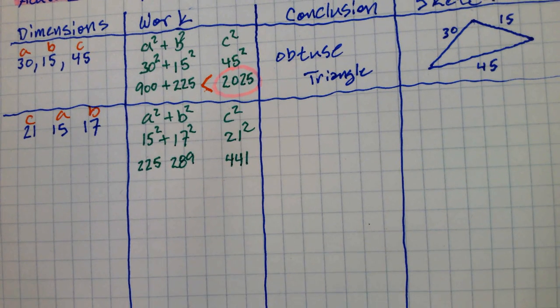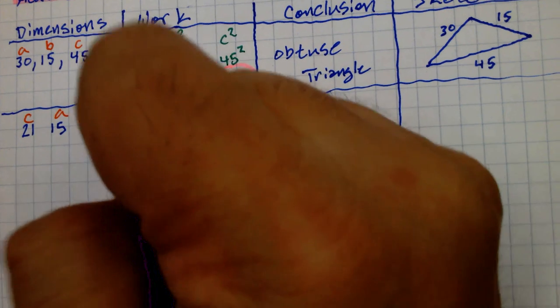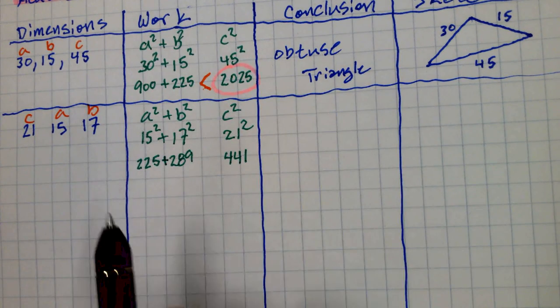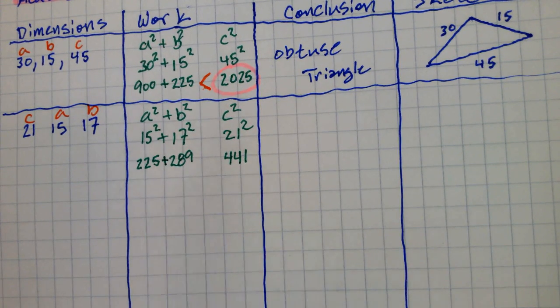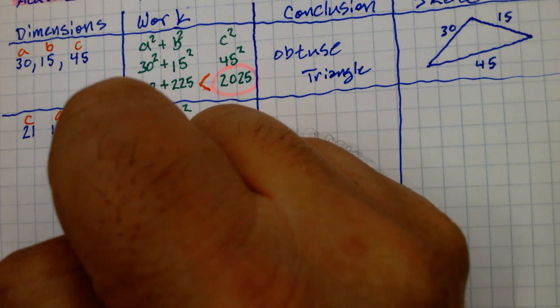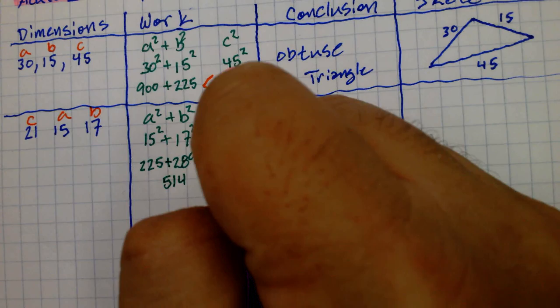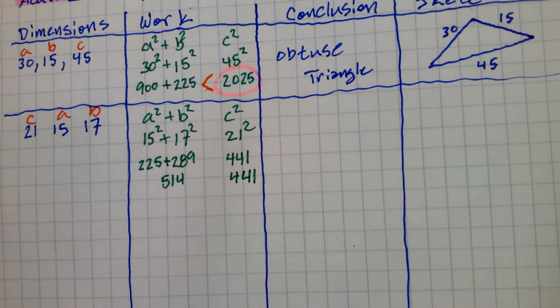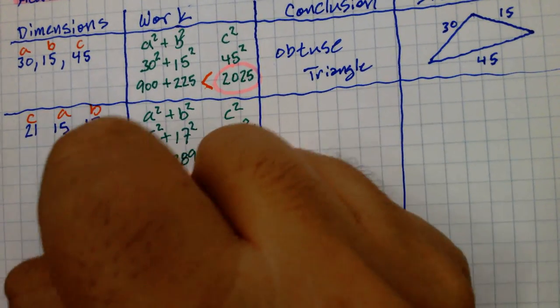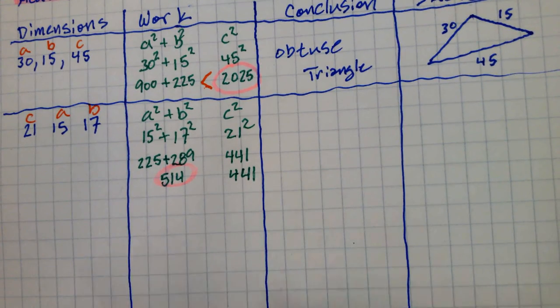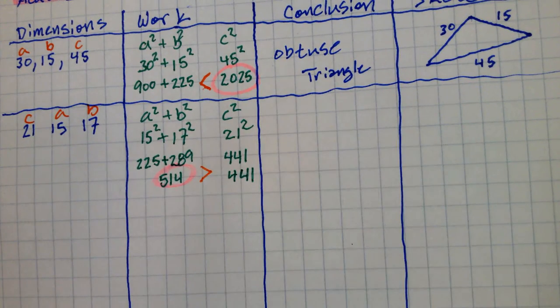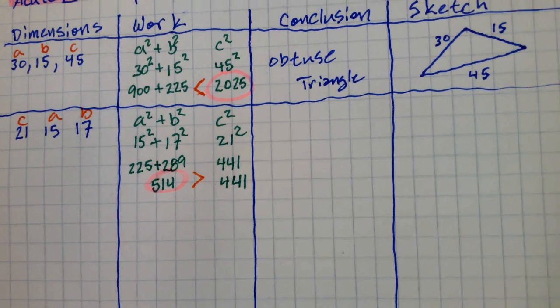So which one's going to be bigger? Oh, we have to add these, by the way. 225 plus 289 or 441? Yeah, it's actually 514. And this is 441, obviously. So the bigger number is here, and the crocodile eats the bigger number. So we have what kind of triangle? Acute.